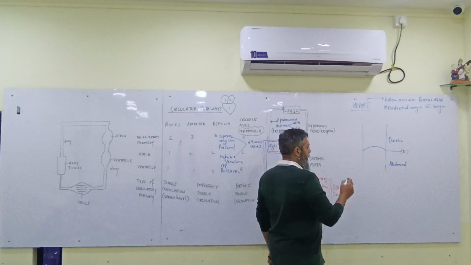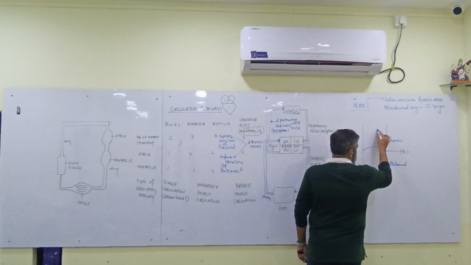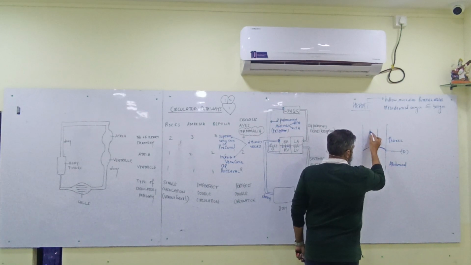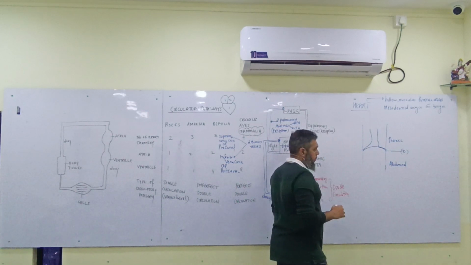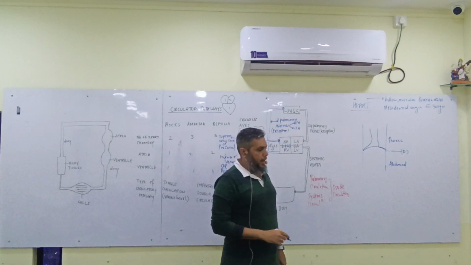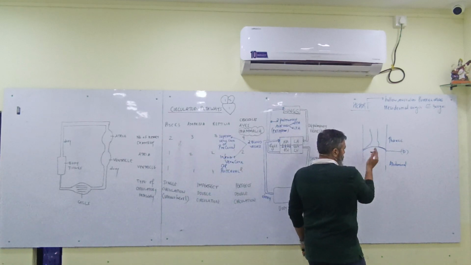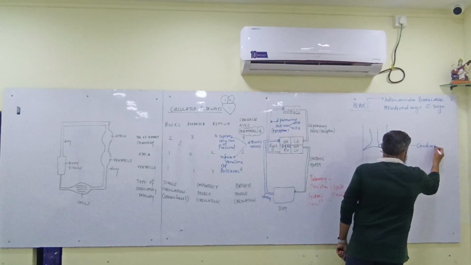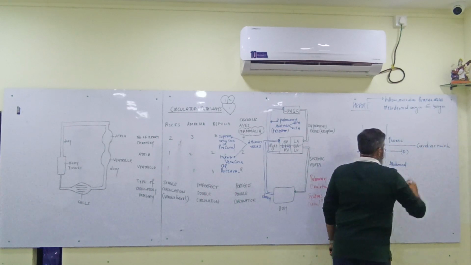The thoracic cavity shows the presence of the left lung and the right lung. And the left lung has a notch, which is called the cardiac notch.